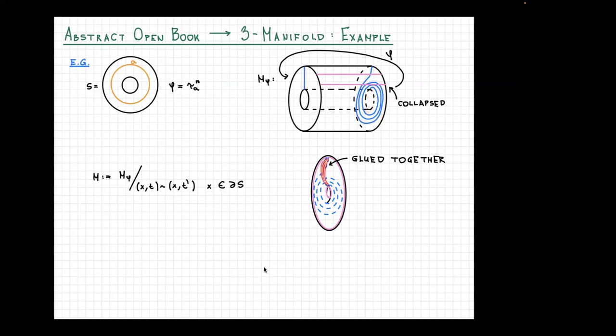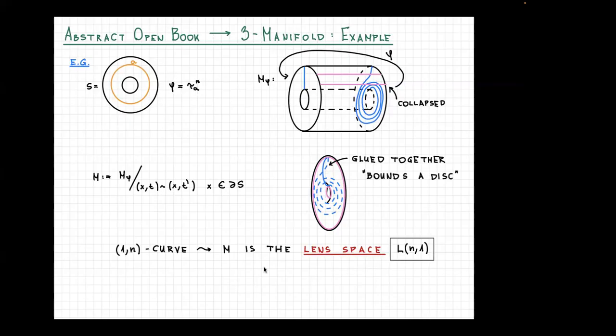So this is the first part of the arc, and then the other one is on the back. It goes like that. So this one is an n-one curve, and if you remember lens spaces, you know that this just gives you a lens space L(n,1). And there's of course many other examples.